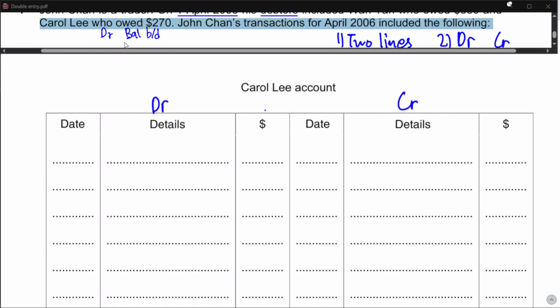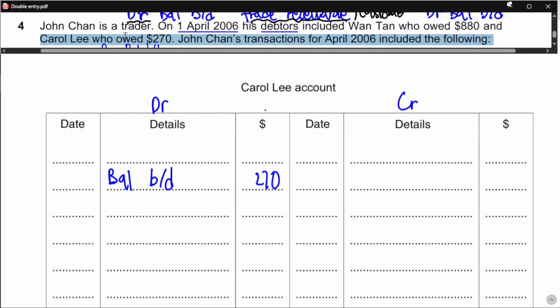So it says Carol Lee debit balance BD by 270. On which day? On this day.